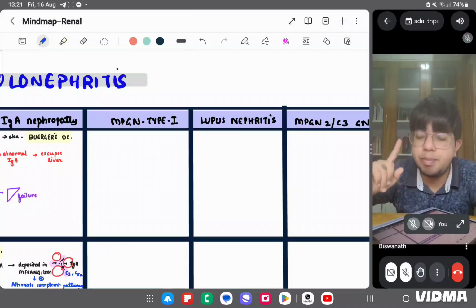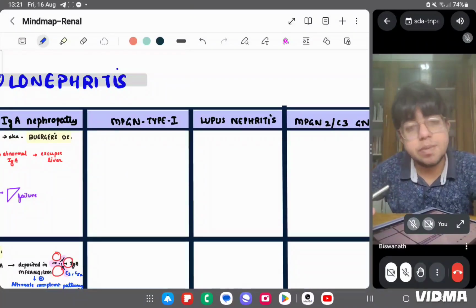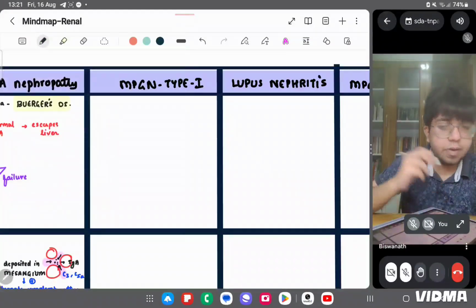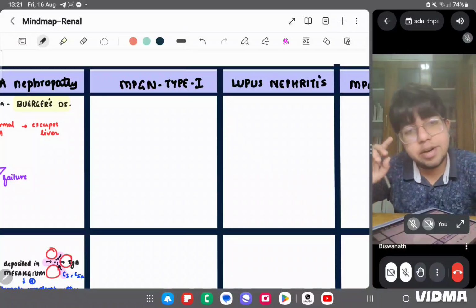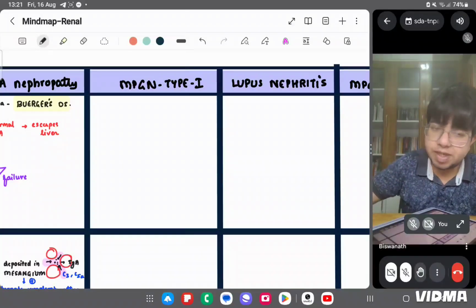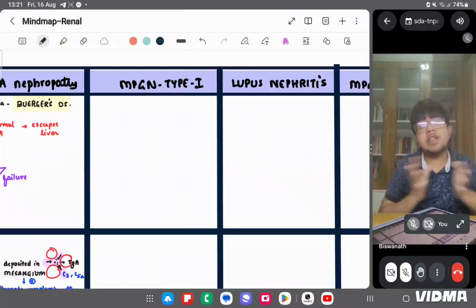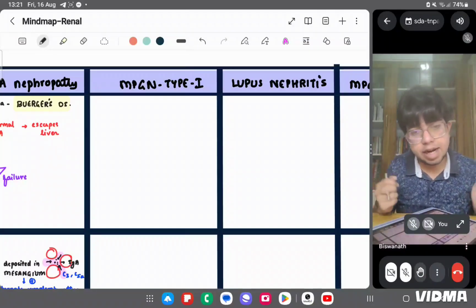Remember this, membranoproliferative glomerulonephritis. So MPGN type 1, it may be of two etiologies. Either it may be primary etiology, where the most common cause is lupus nephritis itself. These are not separate entities, they may be associated entities. But I have separated this for the ease of understanding.